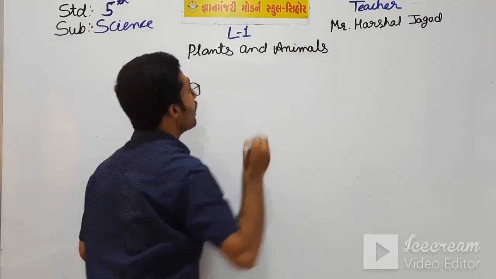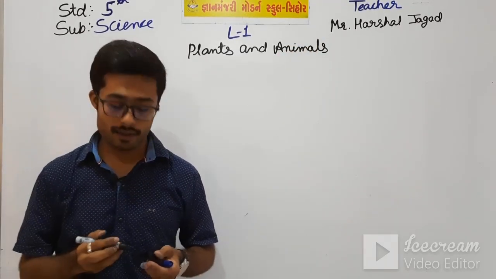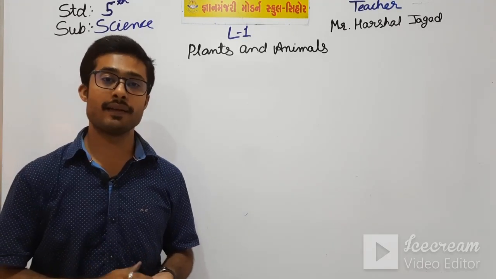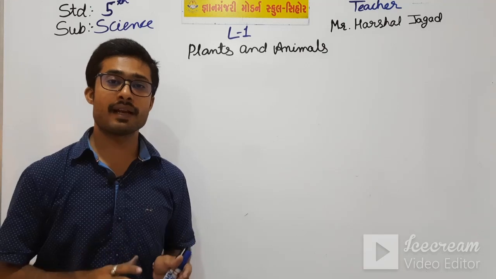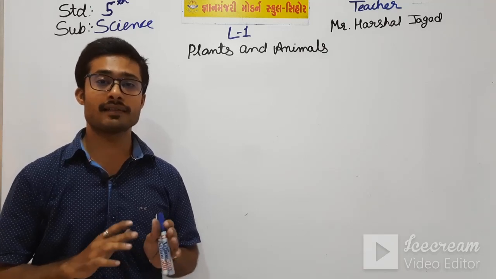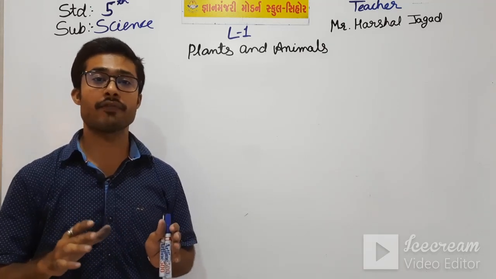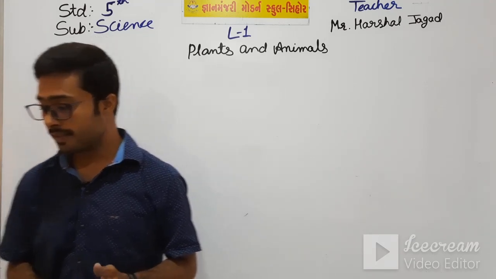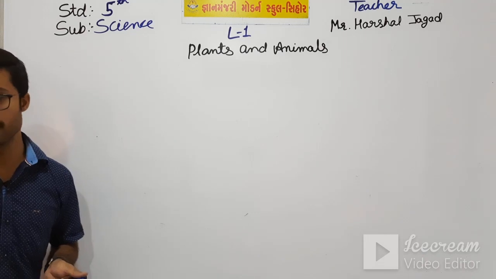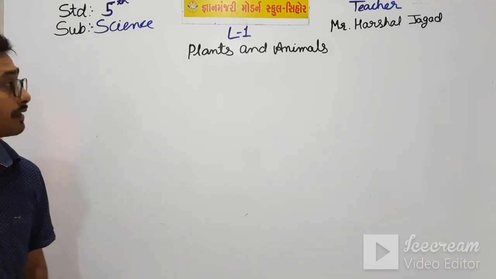So, we all know what plants are and what animals are. In this lesson, we will talk about their similarities and how there are some different functions or characteristics of them. So, first of all, we will see the characteristic features of plants. Let's see that.